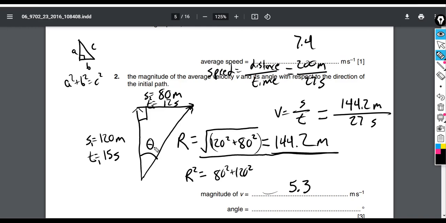The angle here, we'll call it theta, is calculable. We know everything about this right triangle. We know this distance, we know this distance, and we know this is now 144.2.